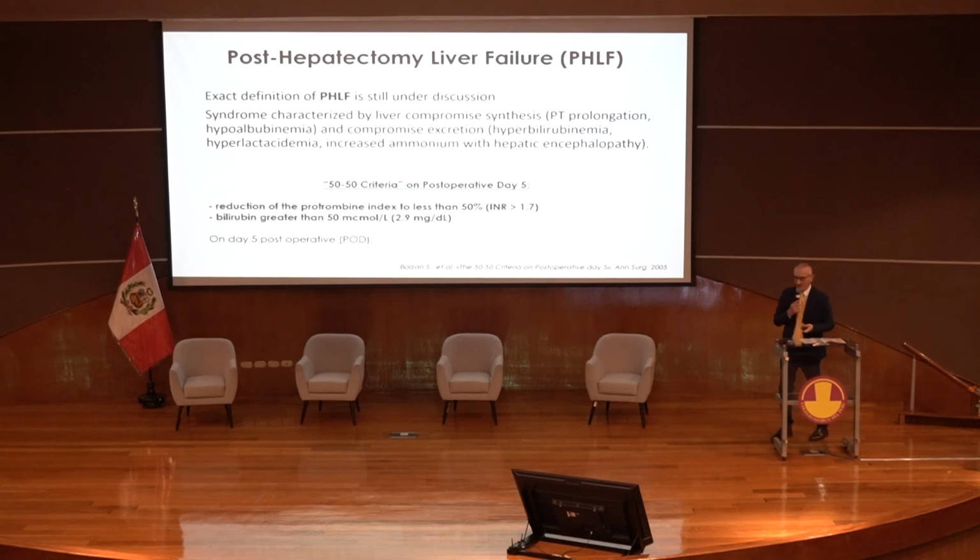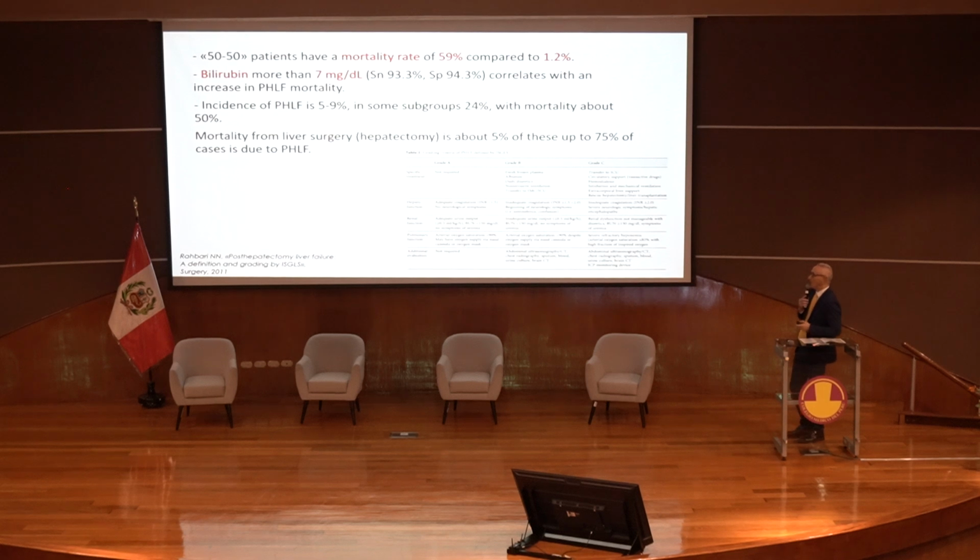On day 5 post-hepatectomy, if we have a reduction of the PT to less than 50%, and an increase of the bilirubin to more than 2.9 milligrams per deciliter, we have the definition of post-hepatectomy liver failure. And we observe that this kind of syndrome has a great mortality, up to 60% of mortality of these patients.